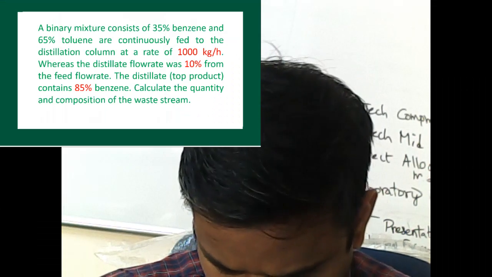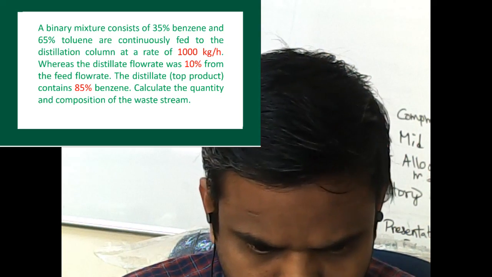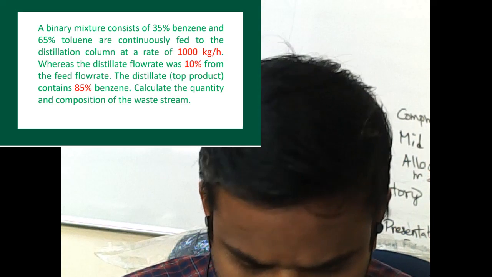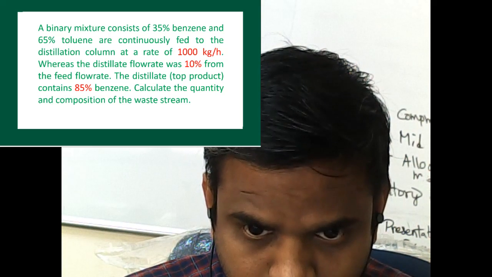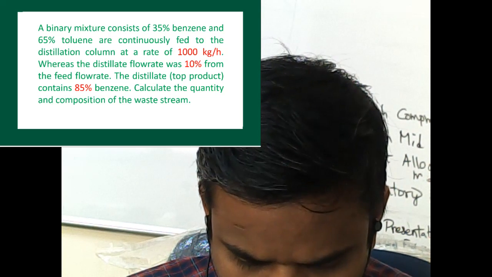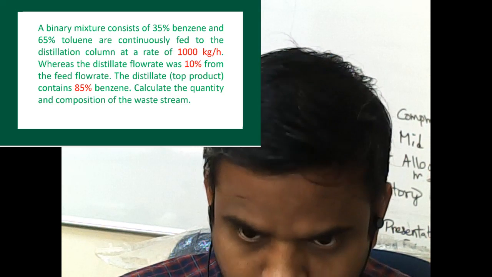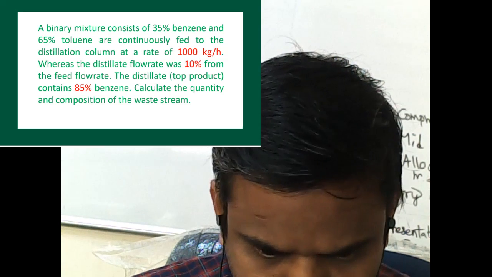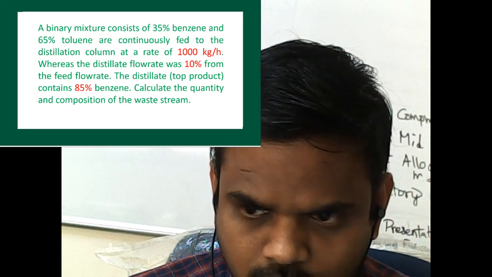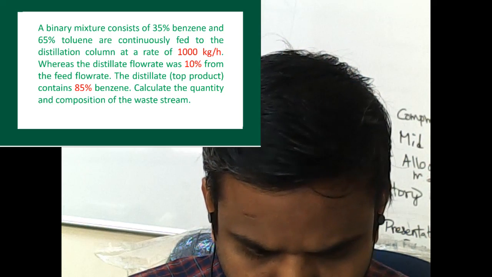A binary mixture consists of 35% benzene and 65% toluene, continuously fed to the distillation column at a rate of 1000 kg per hour, whereas the distillate flow rate was 10% of the feed flow rate.